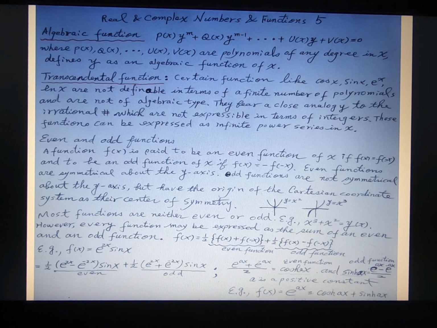It can be an algebraic function like a polynomial, and if it is not algebraic, it will be a transcendental function. It can be an even or odd function.